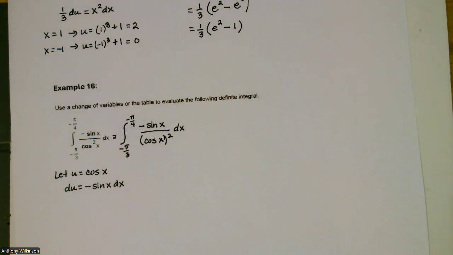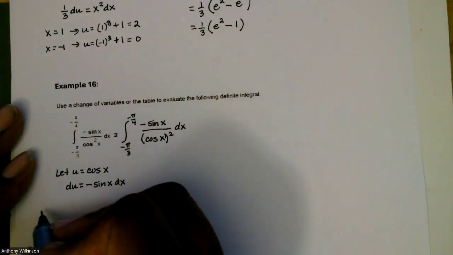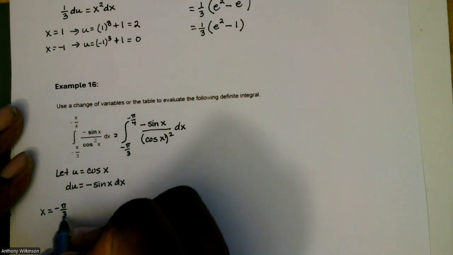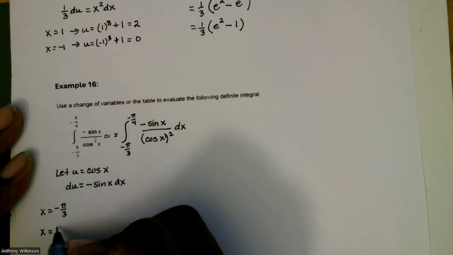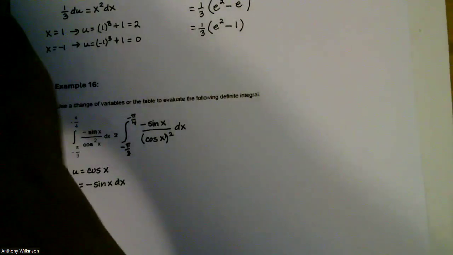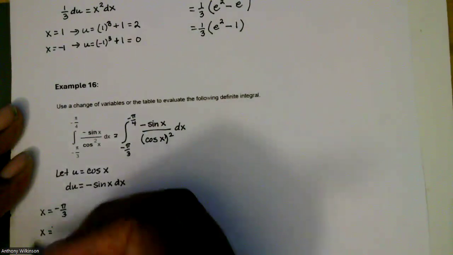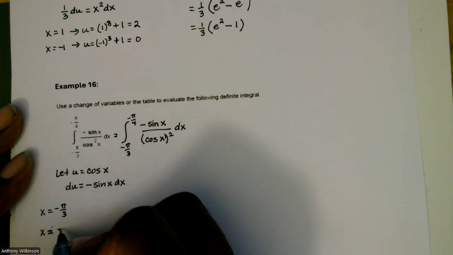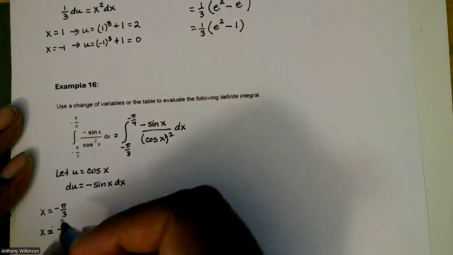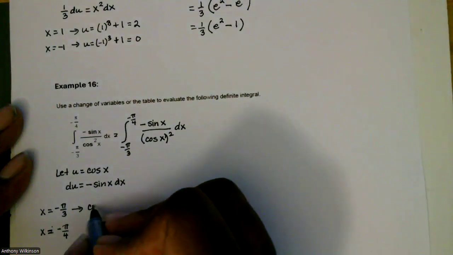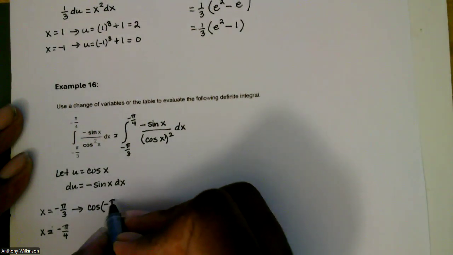I'm also going to change my limits of integration here as well. Now, my lower limit is x equal to -π/3. Upper limit is x equal to -π/4. So if x is -π/3, let's see if we can find the cosine of -π/3.